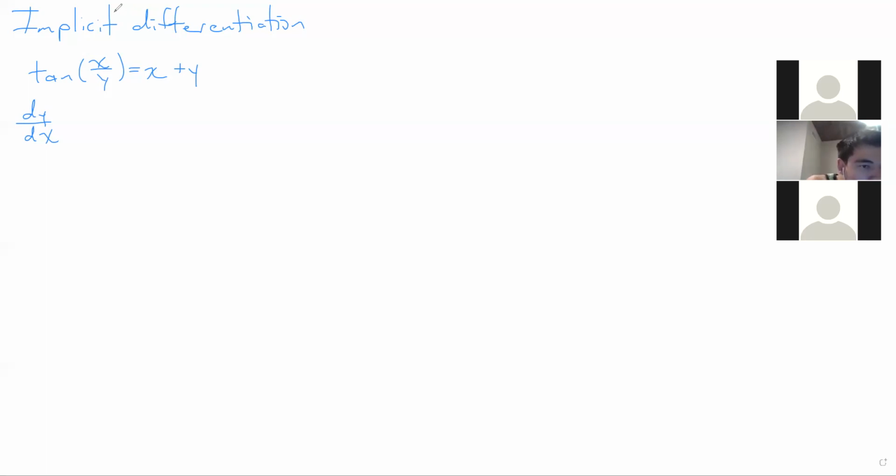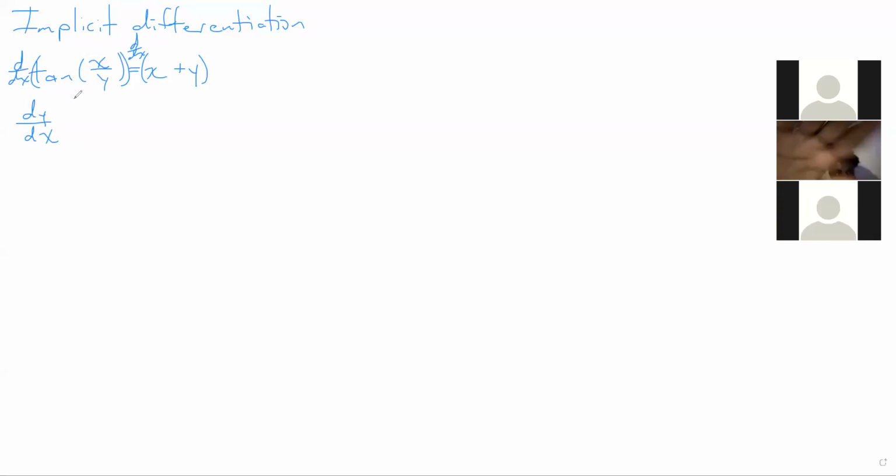All right, so I'm going to take the derivative of both sides of this equation with respect to x. And remember, when you're doing implicit differentiation, we're differentiating with respect to x, so anytime we have to deal with a y term, that is going to necessitate a chain rule.